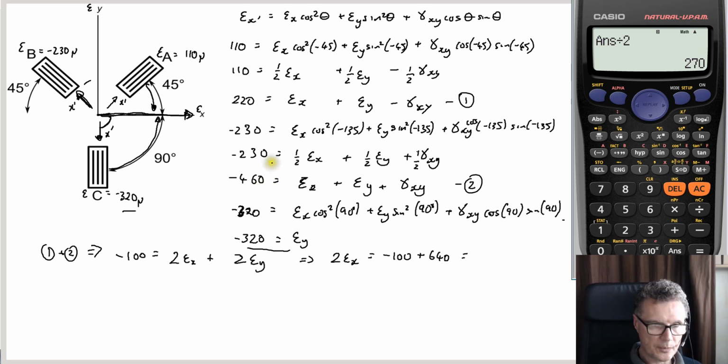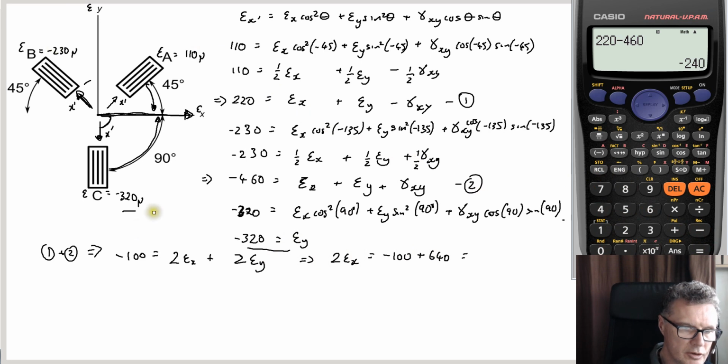That's correct. That's correct. What the hell am I doing? So it's this equation here and this equation here. 220 take away 460.